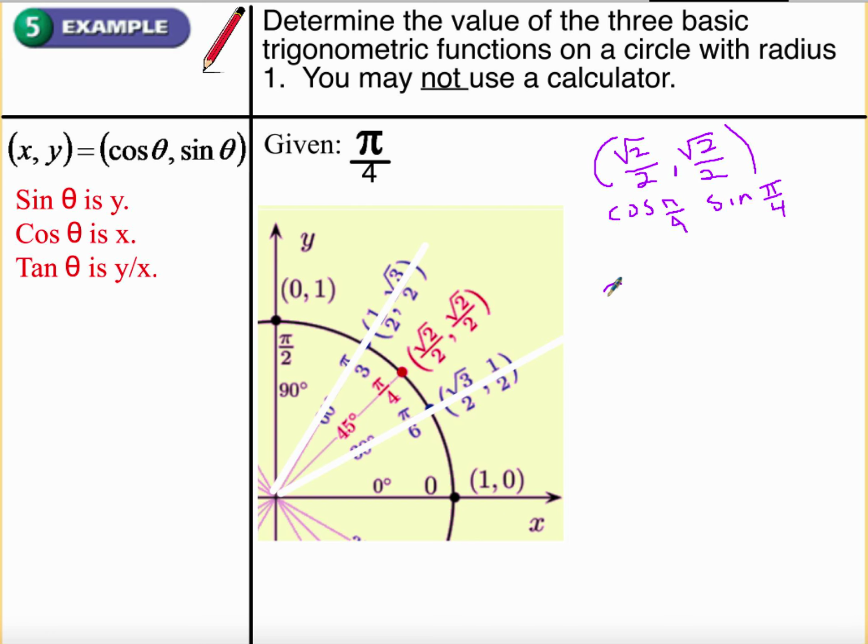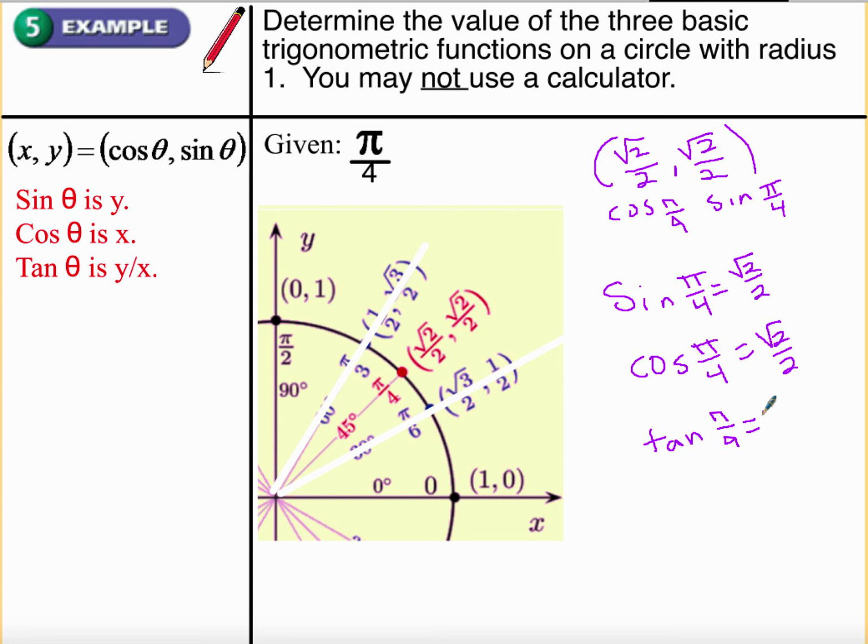So the sine of pi over 4 is our y value, the square root of 2 over 2. The cosine of pi over 4 is our x value, the square root of 2 over 2. And the tangent, well, the tangent's a little bit trickier.